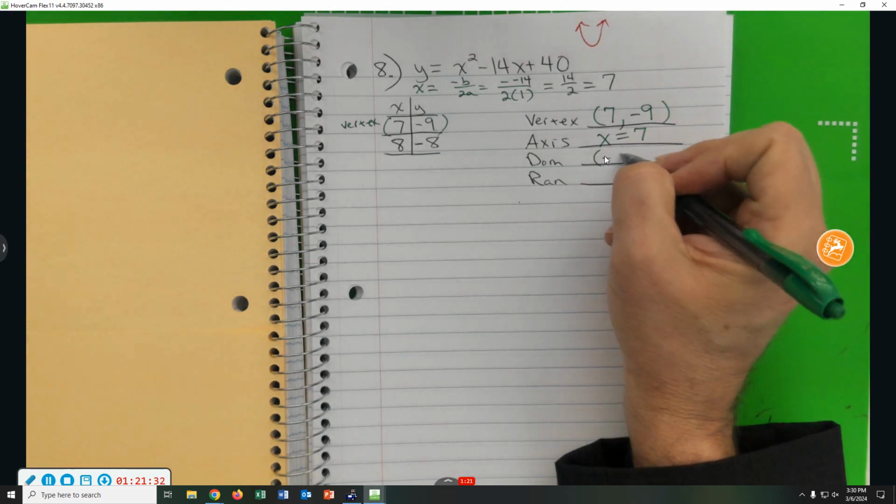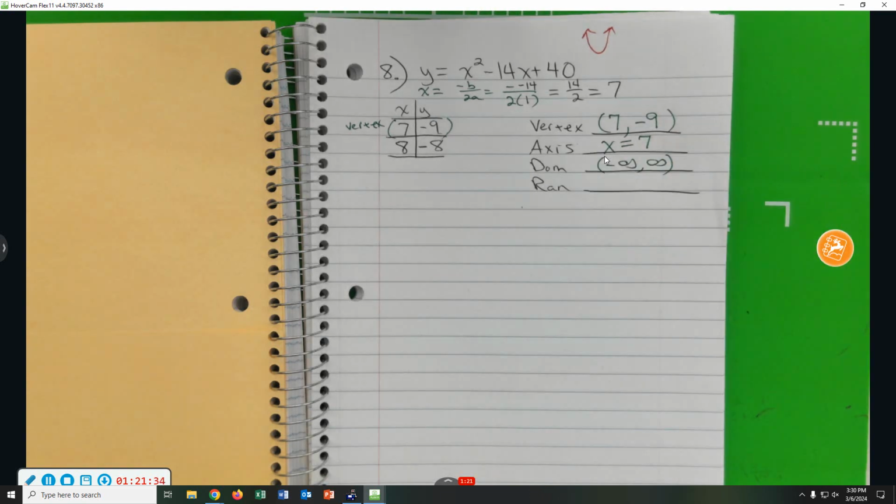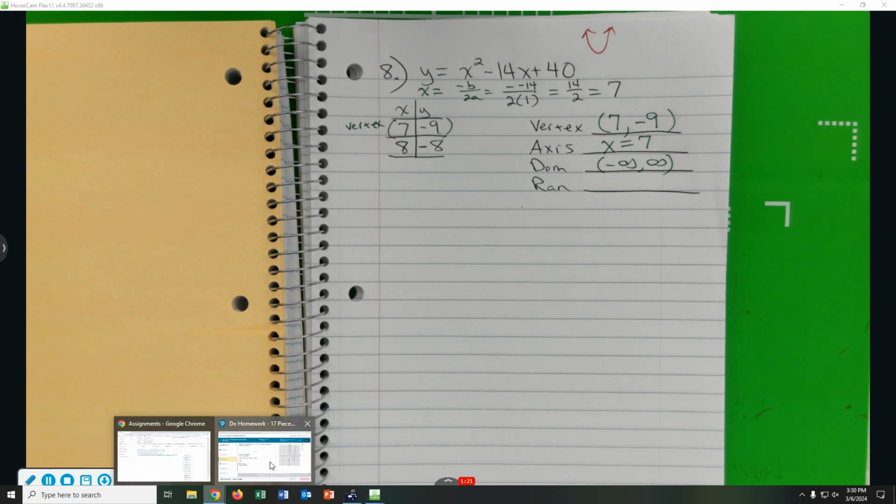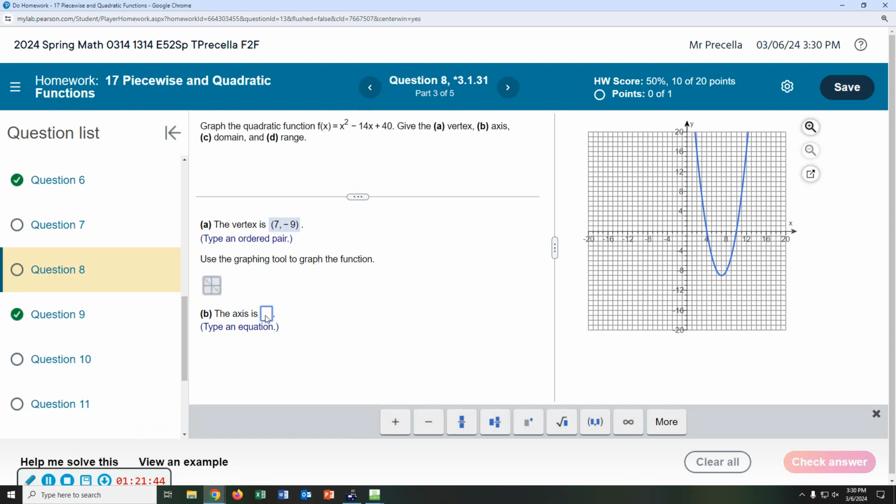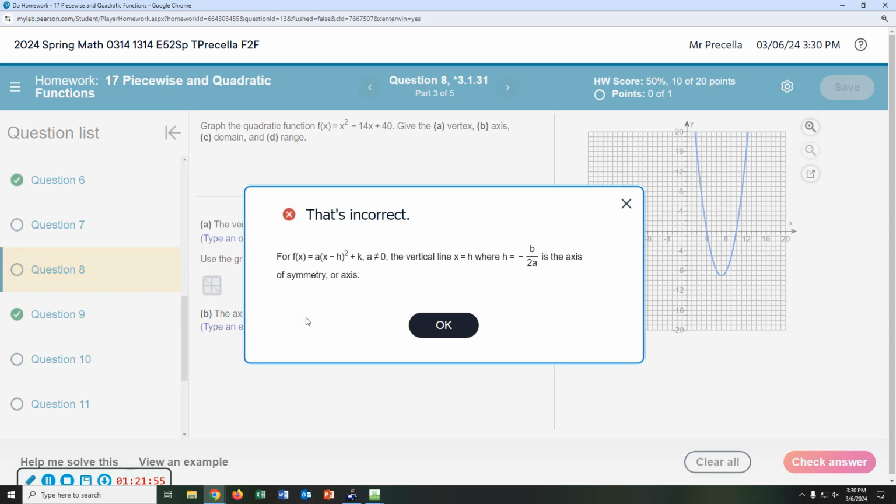we know the domain. I could have written that in immediately, but they wouldn't let me. Type it in. So let's go back. We're typing in the axis. X equals 7. I wanted to show them, if you just type a 7, they don't know. They just know it's wrong.